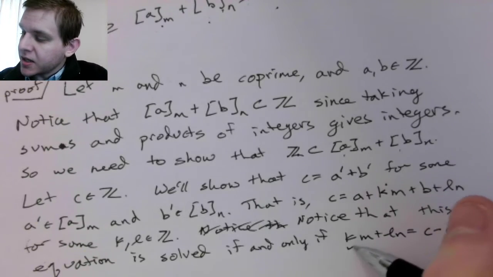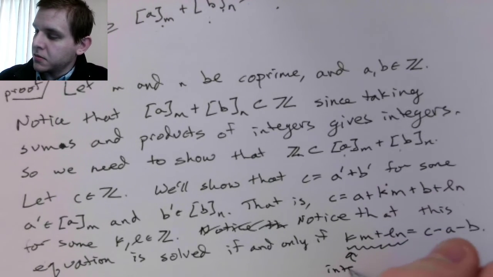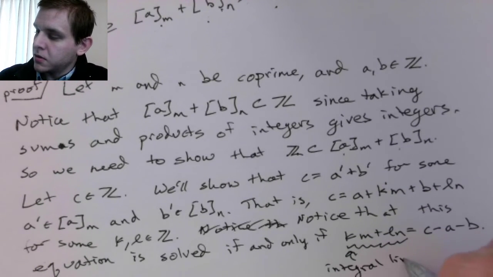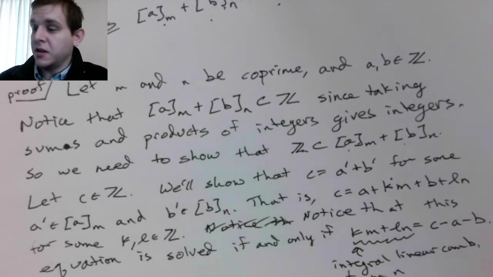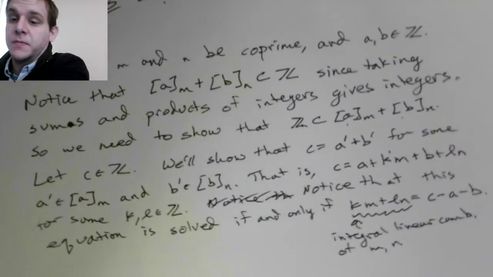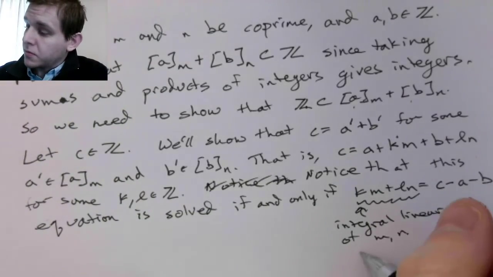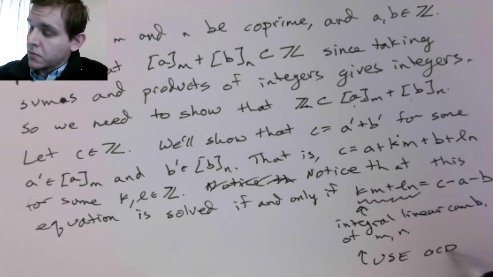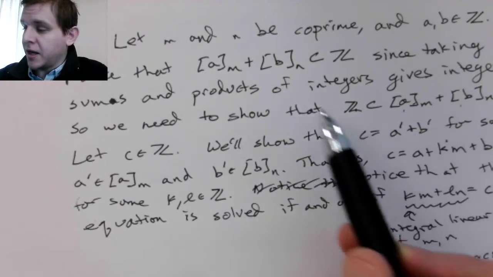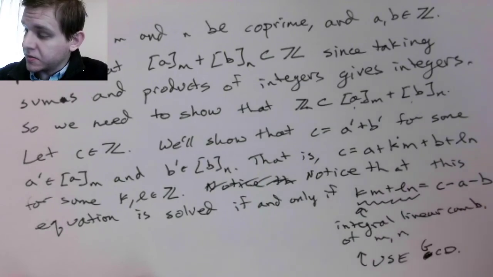And when you see something like this, remember that this is an integral linear combination of m and n. This should scream that you can use the GCD in some way. And our assumption is that m and n are coprime. So this is where we can actually use this.